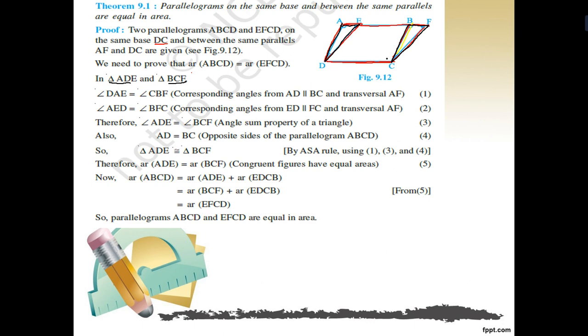Now in triangles DAE and CBF, angle DAE is equal to angle CBF, corresponding angles, as AD is parallel to BC and AF is a transversal line.